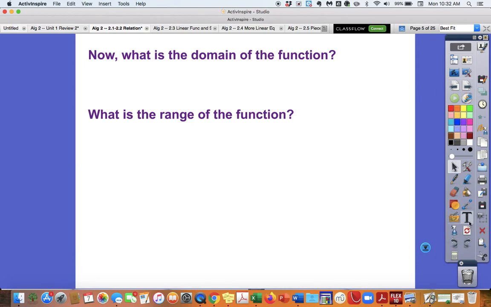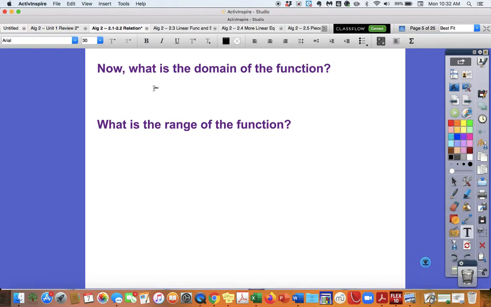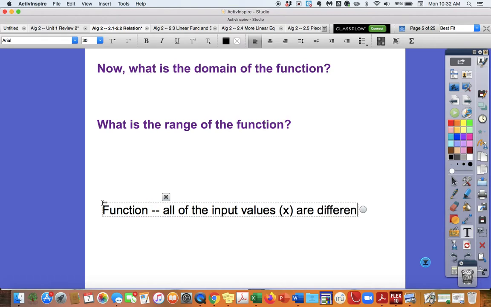We also want to talk about what the domain of a function is. Now we've swapped over to the word function. Remember what we said earlier: for a function, all of the input values, which are the x values, are different. I didn't say anything about the y's, so the output value could be the same, but the input values must be different.